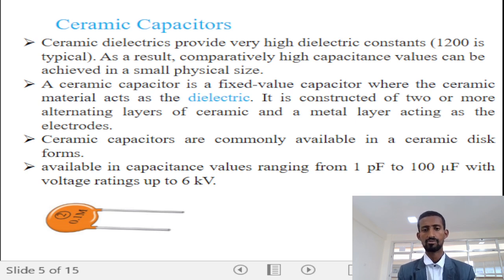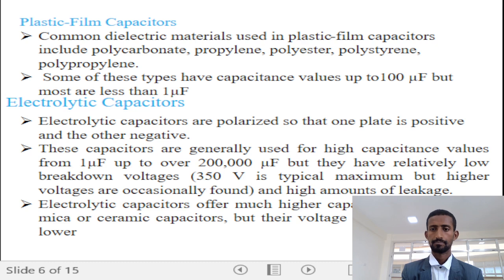Ceramic capacitors are commonly available in ceramic disc form, with capacitance values ranging from 1 picofarad to 100 microfarad and a voltage rating up to 6 kilovolt or 6000 volt. If the voltage rating is very high, it is good; the capacitor has good characteristics.